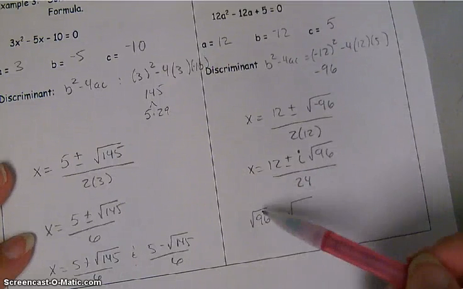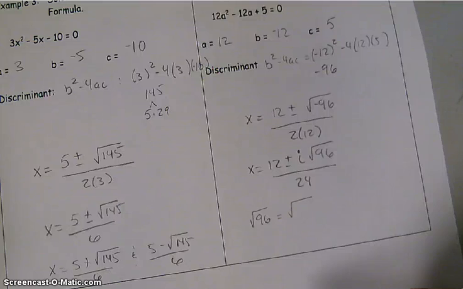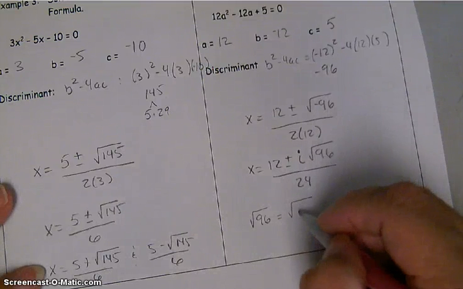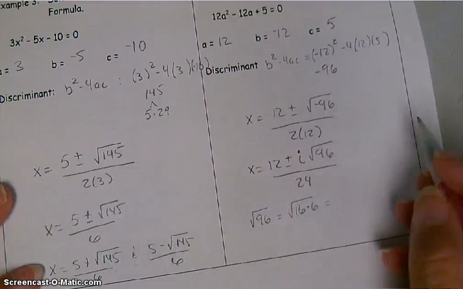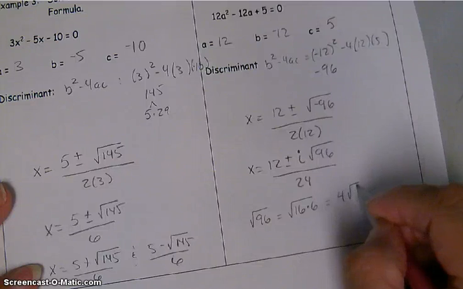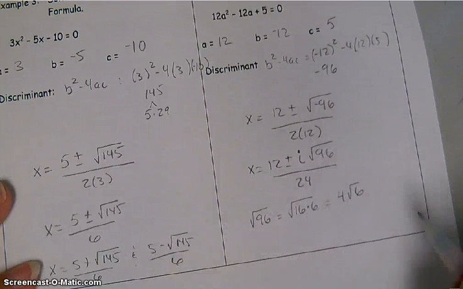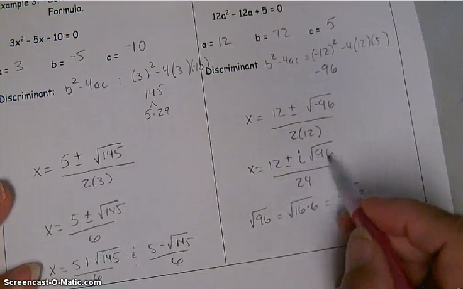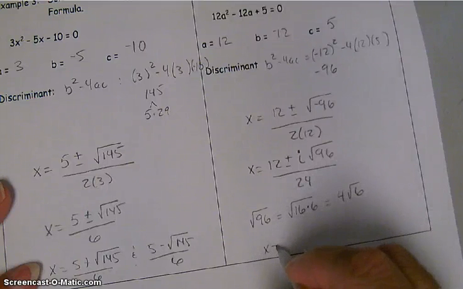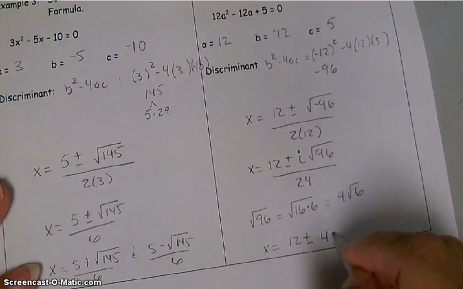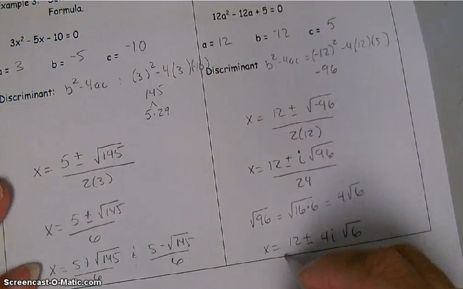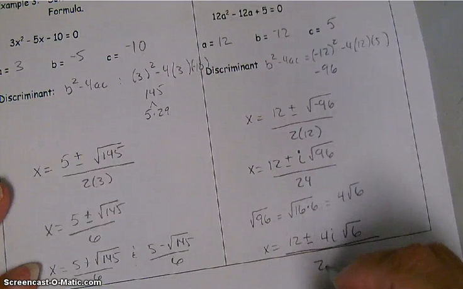Okay, so to break down a radical, you go through your list of perfect squares, and I see that 16 will go into 96 6 times. So this breaks down to the square root of 16 is 4 radical 6. So I'm going to plug this back in for radical 96, and I get x equals 12 plus or minus 4i radical 6 all over 24.